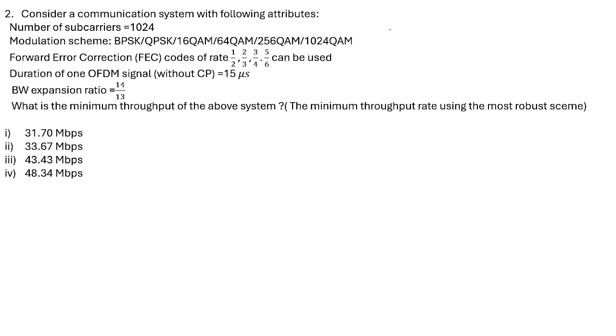For example, I am giving you this example here. For BPSK, you have a constellation scheme with two elements, -1 and 1.